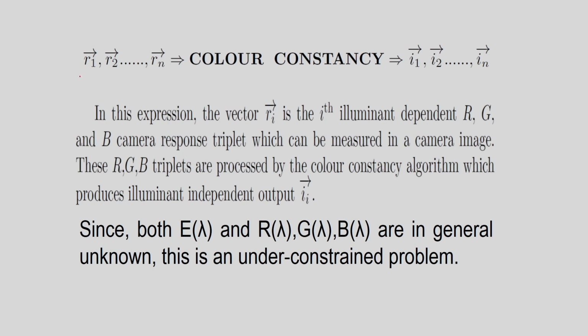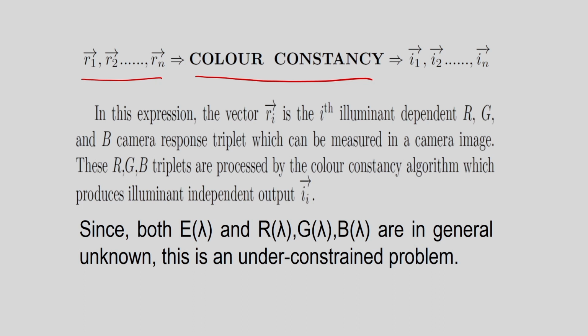After processing by the color constancy algorithm, I get I1, I2, I3, the illuminant independent output, that is, independent of the light source. That is the objective of the color constancy algorithm.